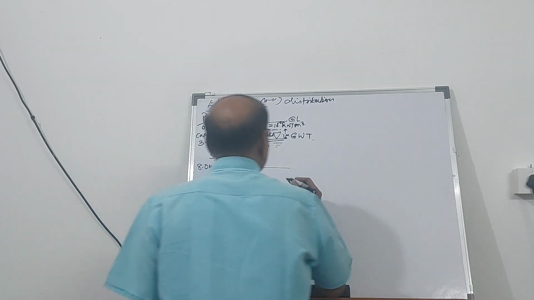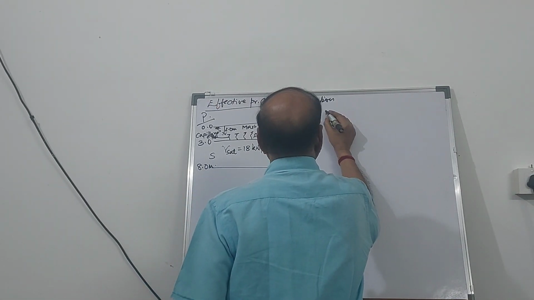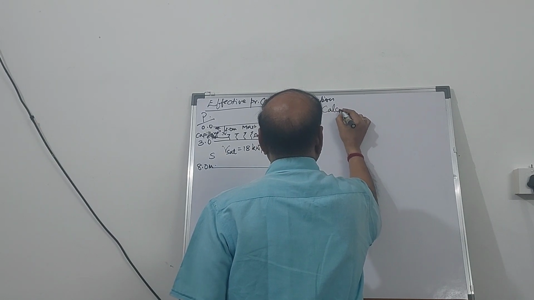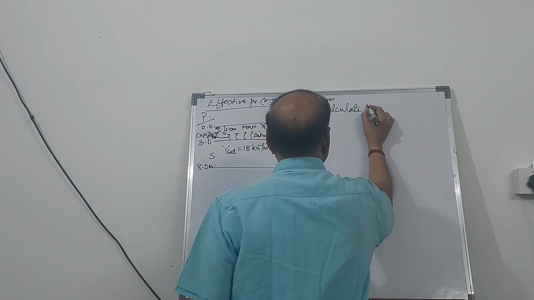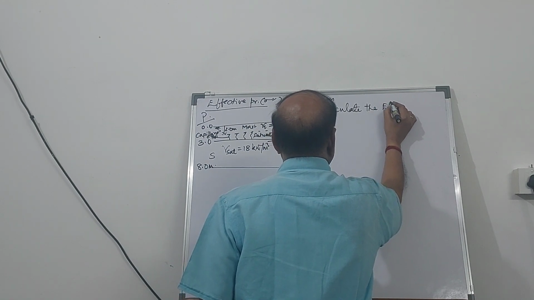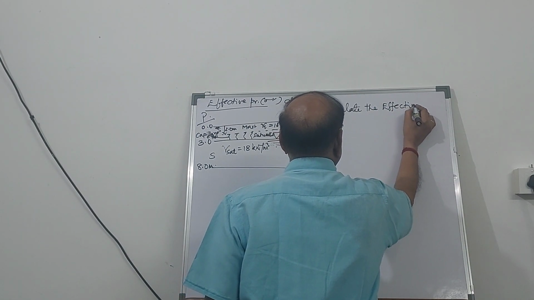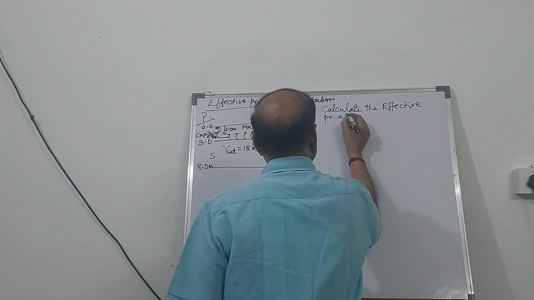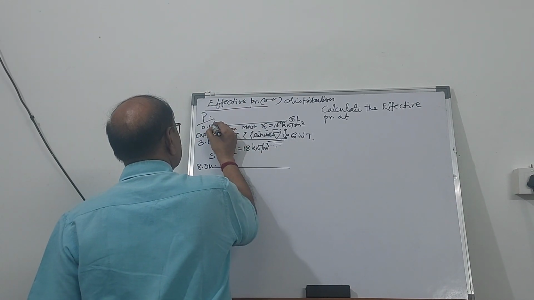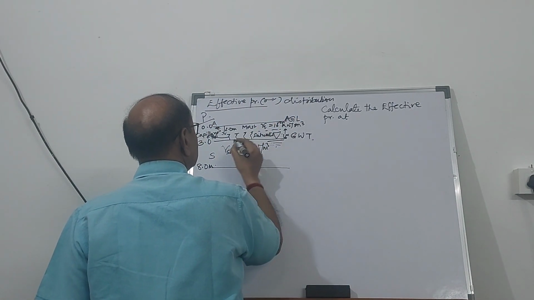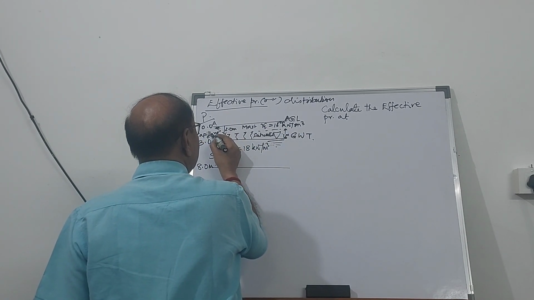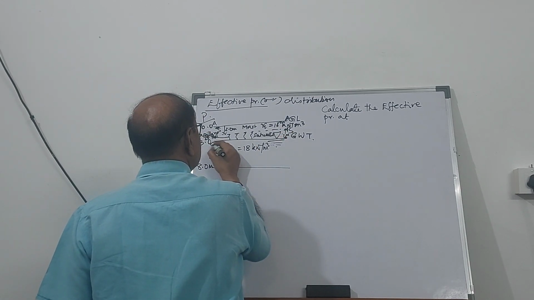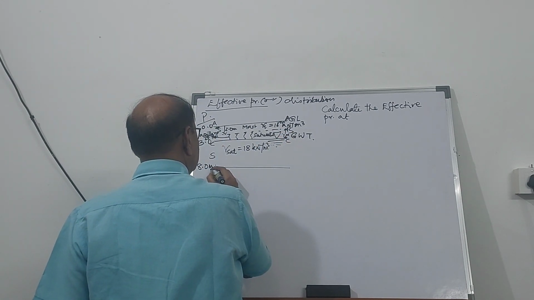So for this condition, calculate the effective pressure at, say this is AA, this is BB, the dotted line, this is CC, and this is DD.